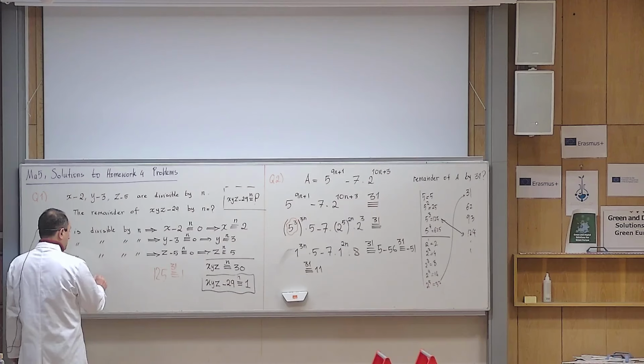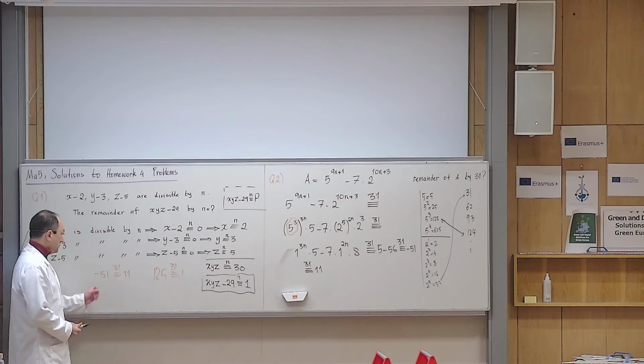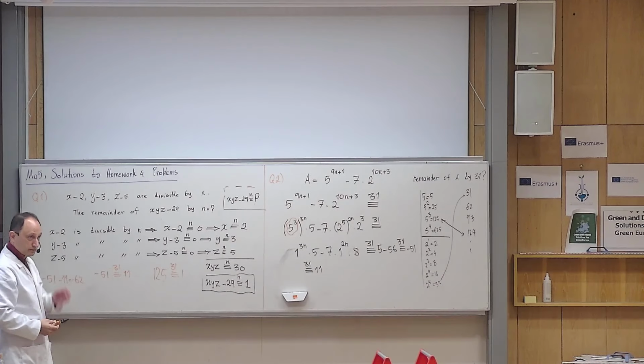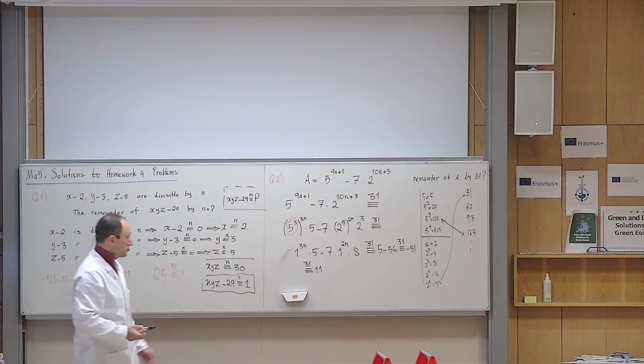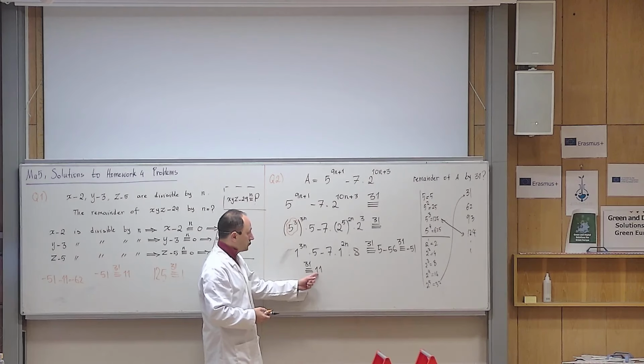Is minus 51 congruent to 11 modulo 31? Yes, because the number on the left minus the number on the right is minus 62, and minus 62 is divisible by 31. So that is correct. So 11 is correct. On the other hand, is 11 positive? Yes. Is 11 smaller than 31?